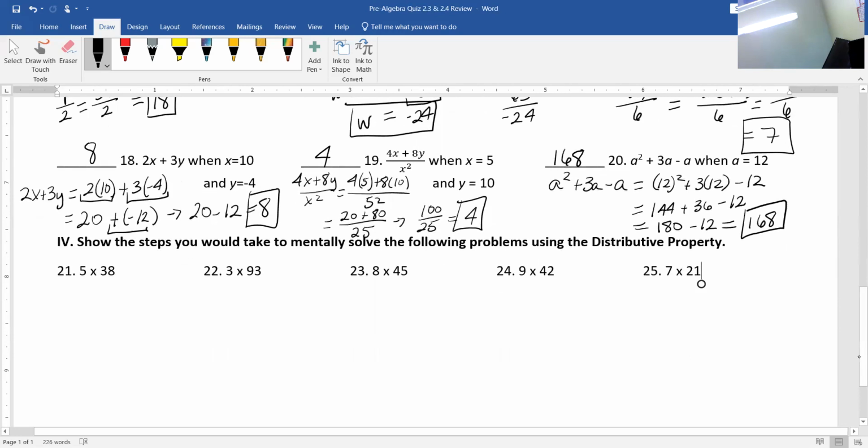Now, I've given you a lot of these because something like this is going to be very similar on your test. So when we started section 2.3, you needed to start looking at how to multiply numbers in a way that allowed you to do it mentally.